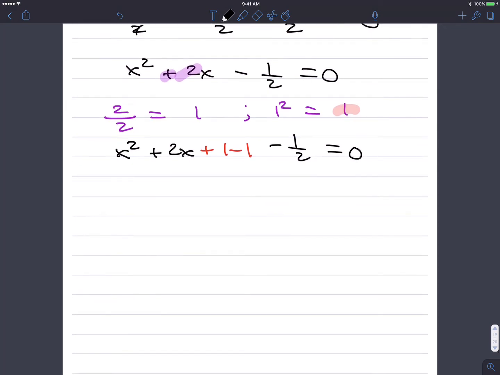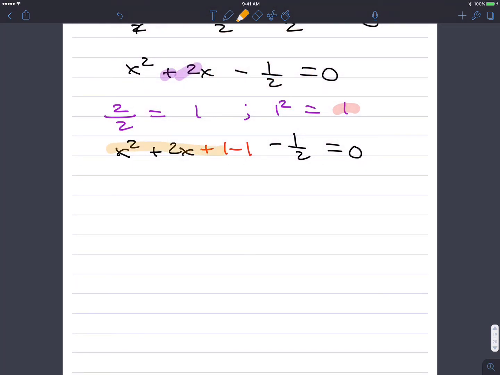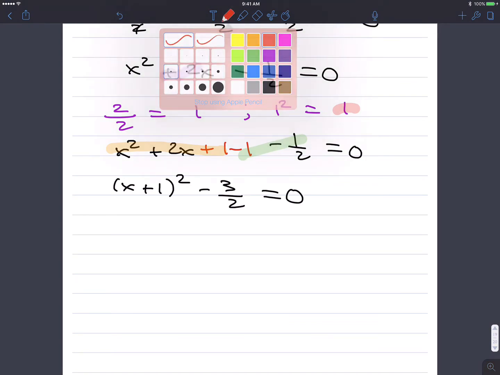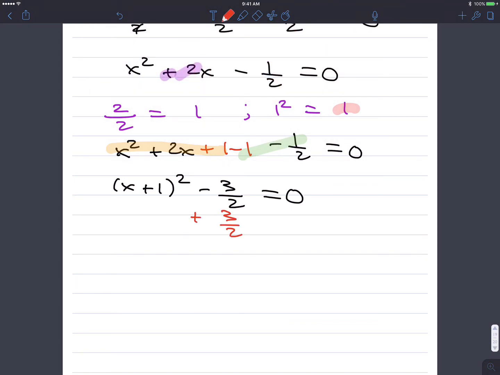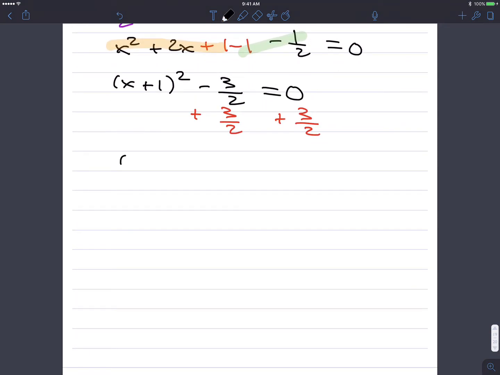Okay. Now, let's go through every step here. Factor the first 3 terms and add the last 2 terms, and we get x plus 1 squared minus 3/2 is 0. So we're going to now add our 3/2 to both sides, and you get x plus 1 squared is 3/2.